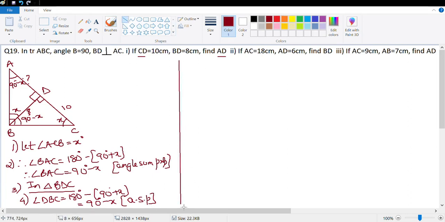So we've got the second angle also equal, but let's write down the third angle as well. Okay, so we've got BAC as 90 minus X, this is the assumption.